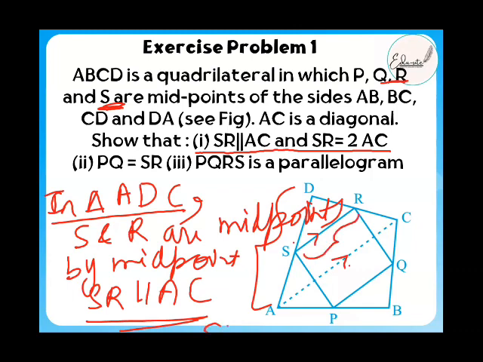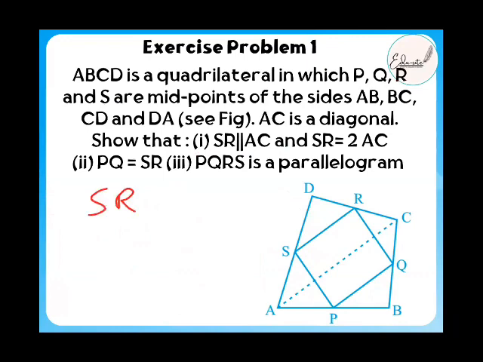SR is equal to what, beta? Do you remember? SR is equal to half of AC. This is the midpoint theorem, na? SR is equal to half of AC, right?